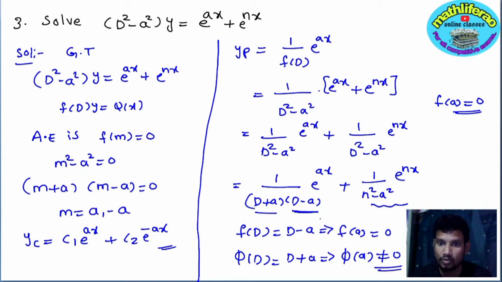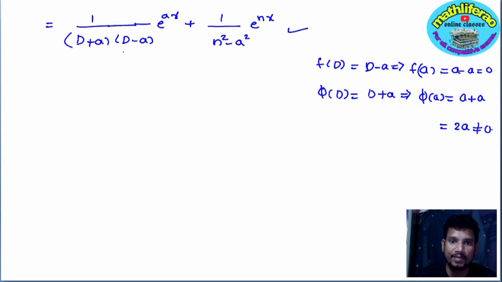So here f of d equal to d minus a, only one factor. Then we have to apply the second case in our formula, that is, 1 by phi of a, x into e to the power ax. In the first part, taking the d minus a factor, f of a is 0. So this is the only one factor, not repeated. Here d plus a means phi of d, and phi of a value is 2a, not equal to 0.